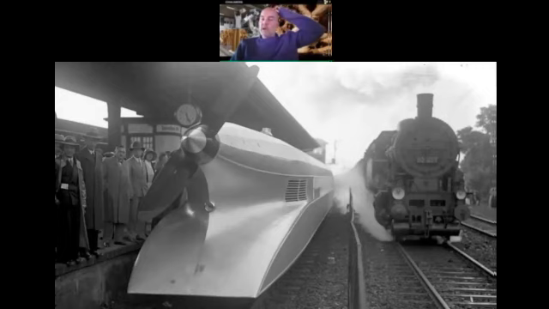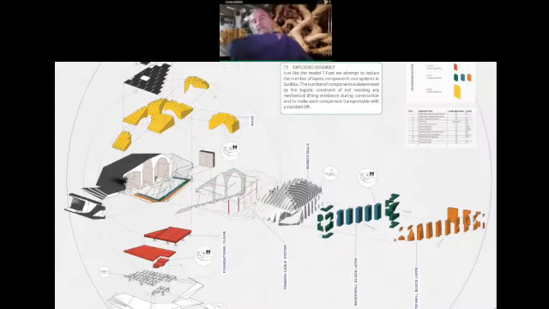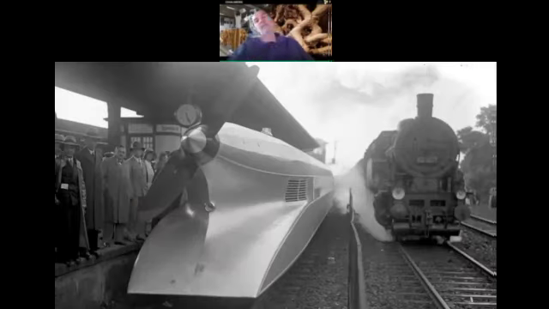It is about trying to be at the forefront of new development and try to figure out how we can learn new things and try to understand what is interesting and what is not. And this is quite difficult, this image being from the late 1920s somewhere in Germany, where you have a new train and you have the old train.